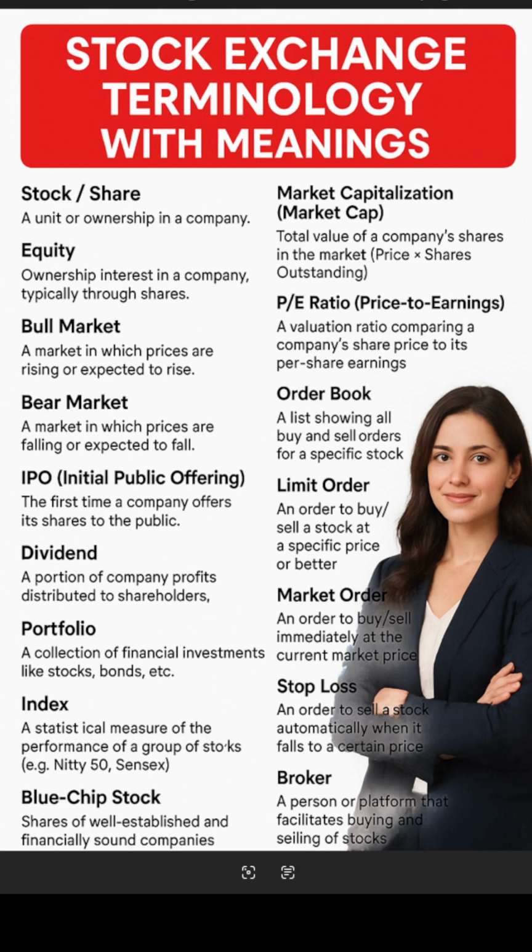Market capitalization, also called market cap: the total value of a company's shares in the market, the market price times the shares outstanding. It's a simple thing: whatever the share price is in the stock market, multiplied by the number of shares, is the market capitalization.